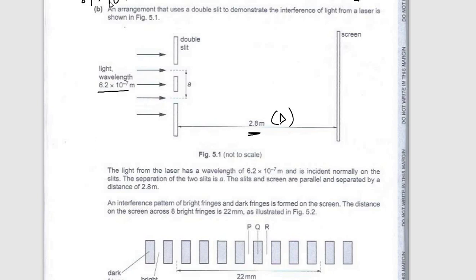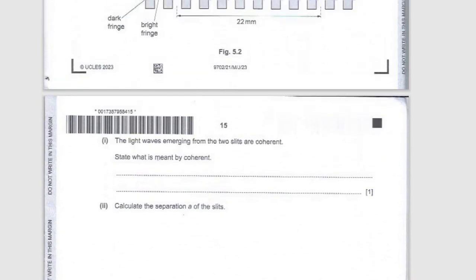Instead of showing it on the screen, they show it horizontally. The distance across 8 bright fringes is 22 millimeters. The colored one is dark, while the space is the bright fringes. That's what they use in representing it.